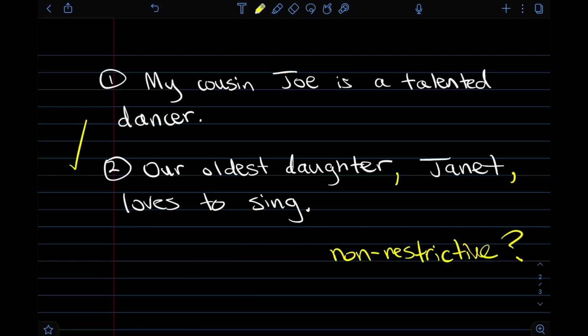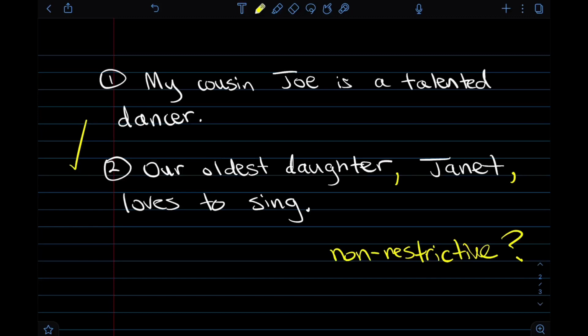Well, if you think about it, the preceding phrase, our oldest daughter, already refers to a specific person. There can only be one oldest daughter. And therefore, adding the name Janet just gives an additional piece of information that may be of interest to the reader. But we don't need it in particular to define who the oldest daughter is, again, because there can only be one oldest daughter.